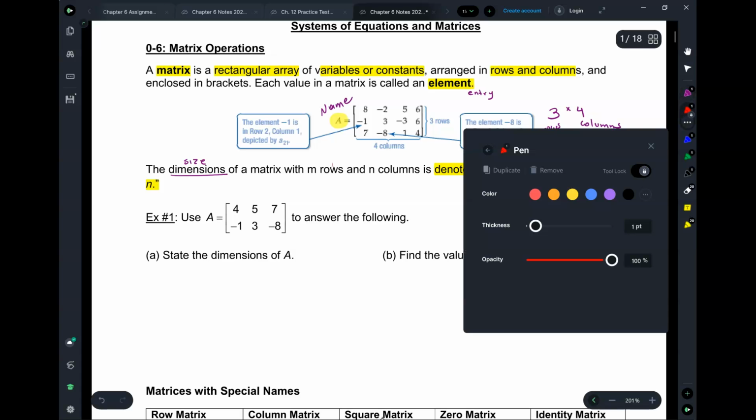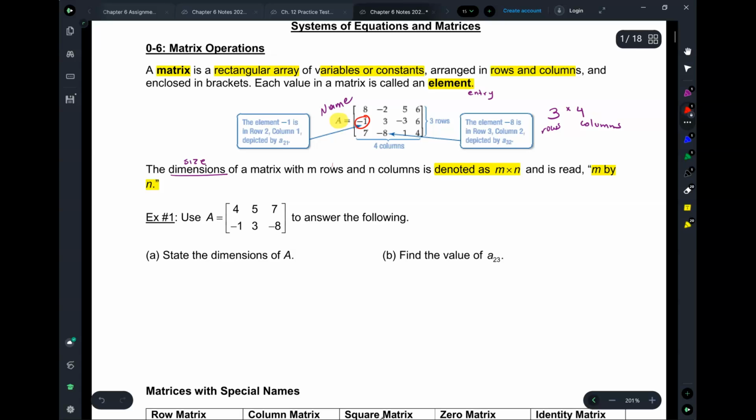Each element, like this one, is given a name. So if the matrix is capital A, this is little a, and what position does that hold? This is row 2, column 1. So this is a 2 1. Okay?